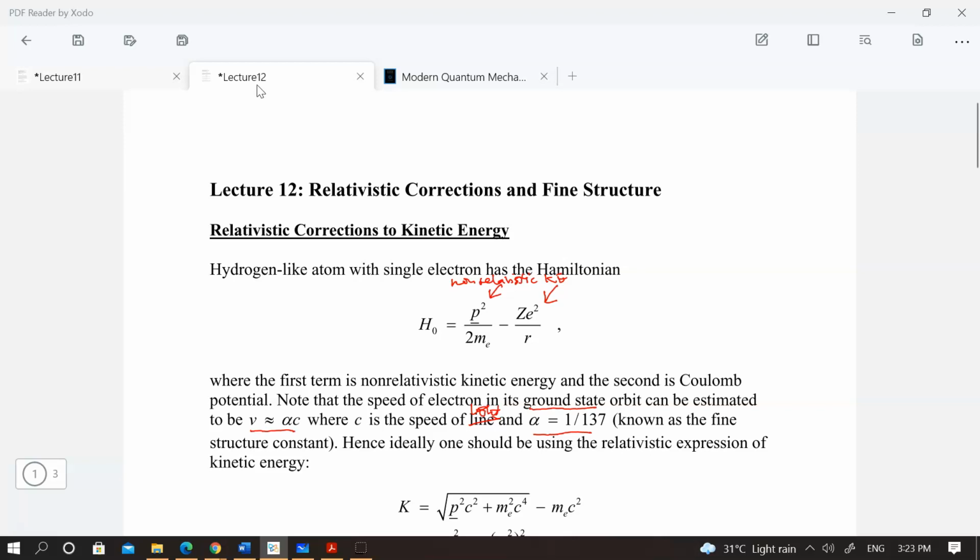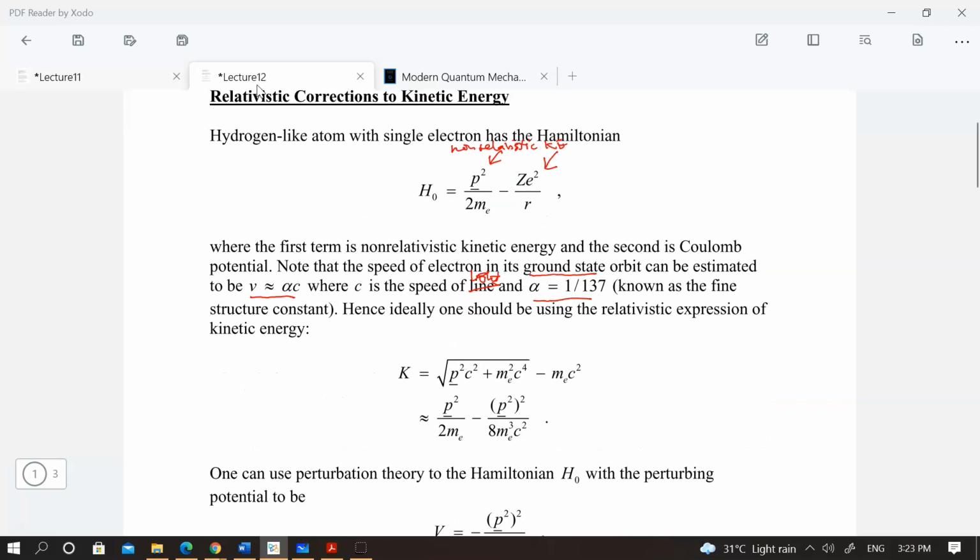So in other words, what one needs to do is to replace the kinetic energy term over here by the relativistic expression. I think both of you have done special relativity. So you know that this is the relativistic kinetic energy, which is the square root of p squared c squared plus m squared c to the fourth, minus the rest mass energy.